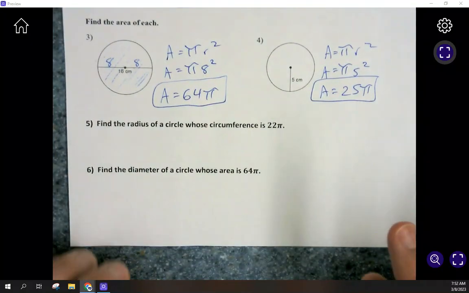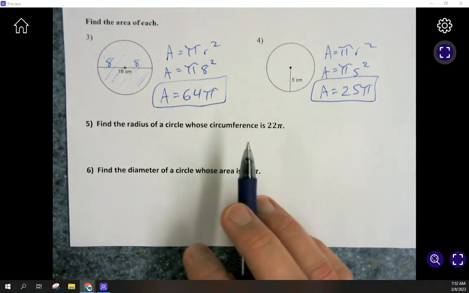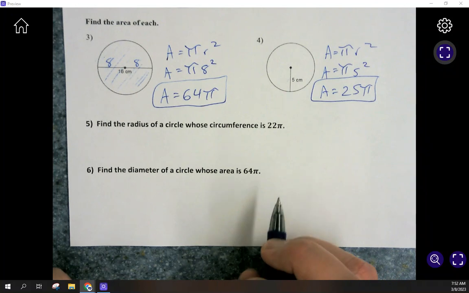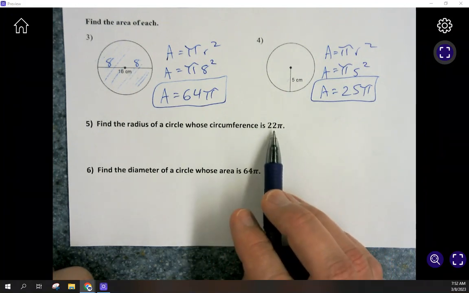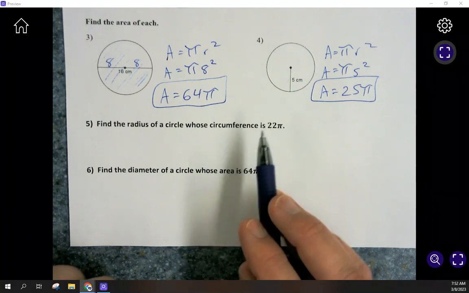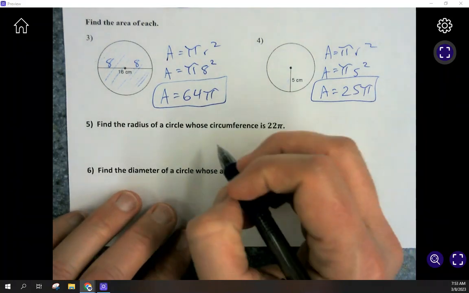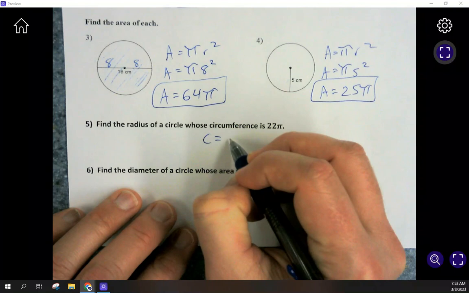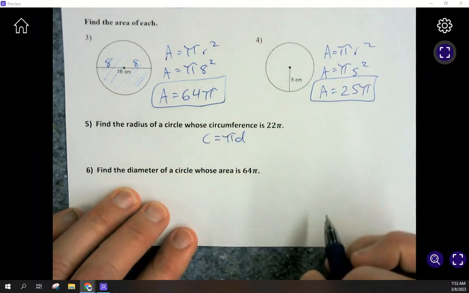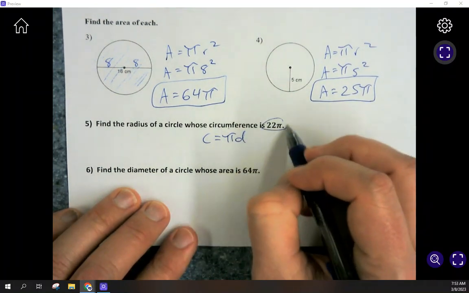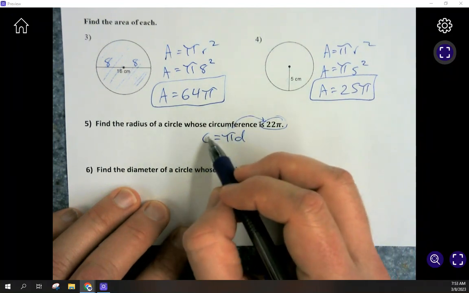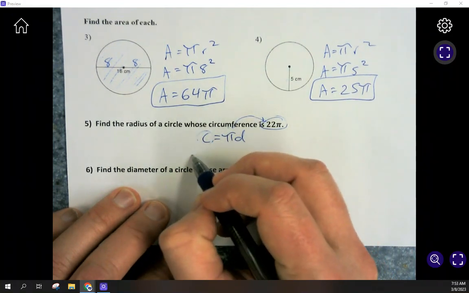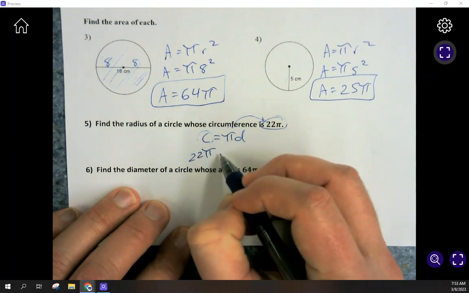All right, number 5. Find the radius of a circle whose circumference is 22 pi. So we are going to have to work backwards now. This is the answer, in a way, the circumference. How do we go back and figure out what the radius was? So circumference equals pi times diameter. This is the circumference. I'm going to go ahead and plug that in. The circumference is 22 pi. So I'm going to put that in for C, 22 pi.